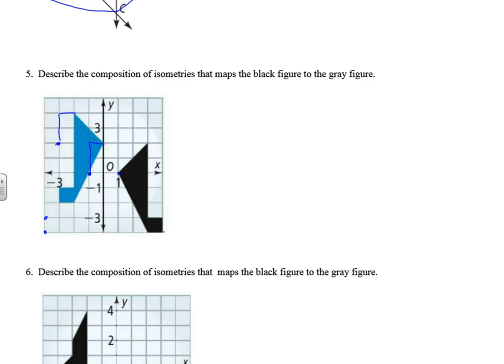So we could say a translation of 2, 1 following a reflection in the line x equals 0 of the black figure would equal the gray figure.